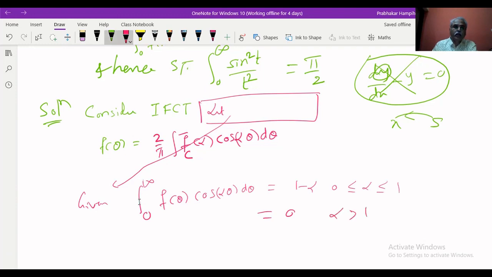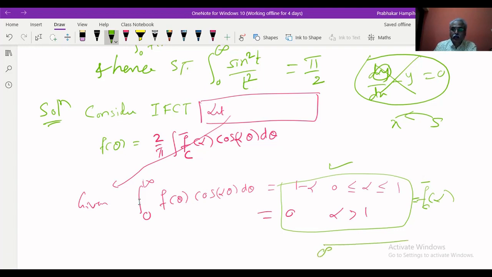Let us consider this as a function of alpha. Since it has come from the cosine, it is the cosine transform f_c bar of alpha. Now we have to substitute this part. The whole range 0 to infinity we break into two parts, 0 to 1 and 1 to infinity.